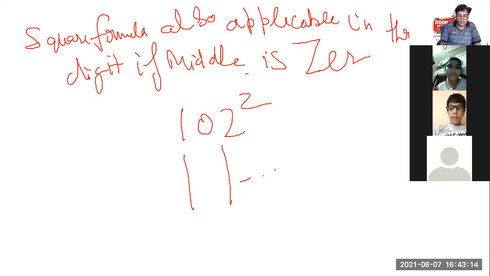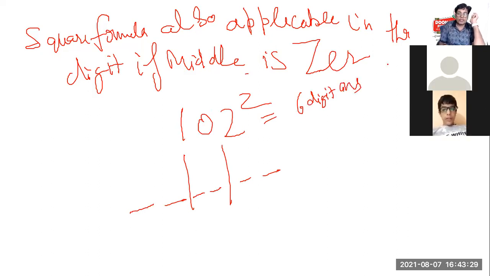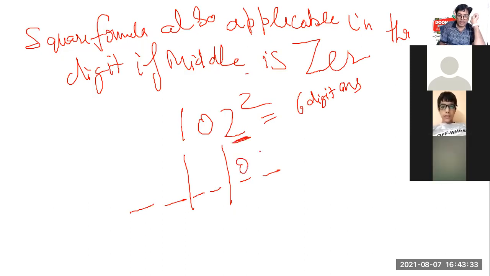It will be 2-digit, 2-digit, 2-digit. The answer will be a 6-digit answer. Okay, first rule. Now, what is the square of 2? 2 square is 4. I will write 0, 4. What is the square of 1? I will write 0, 1.